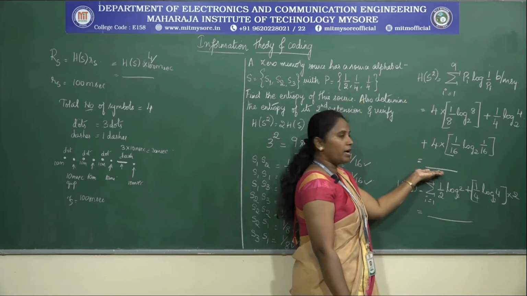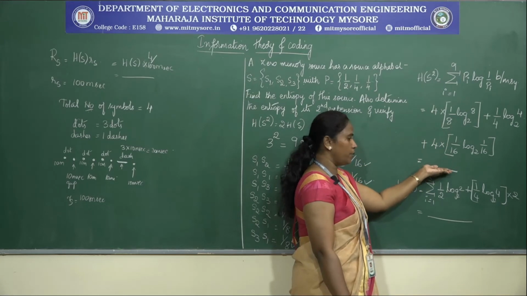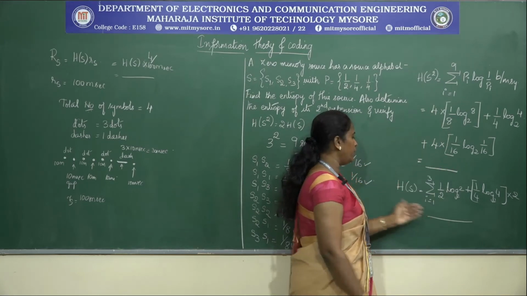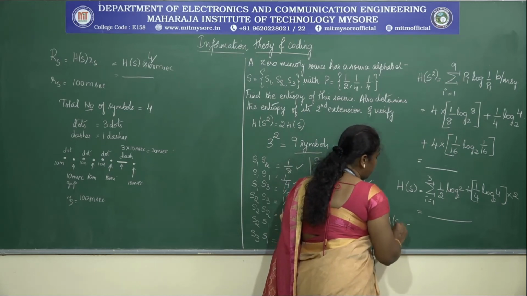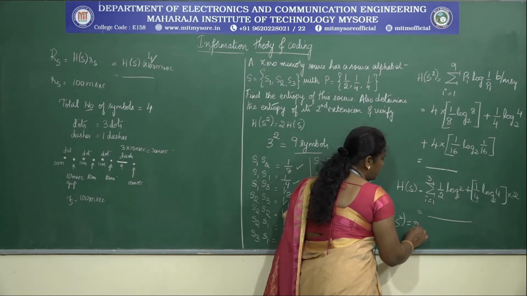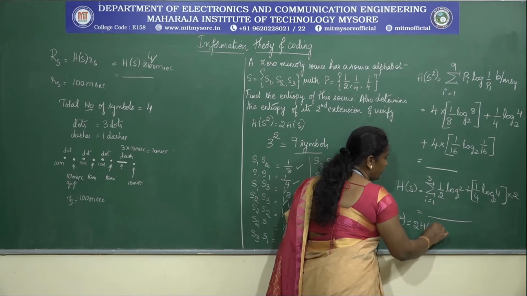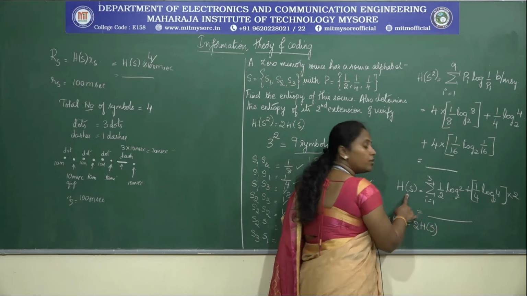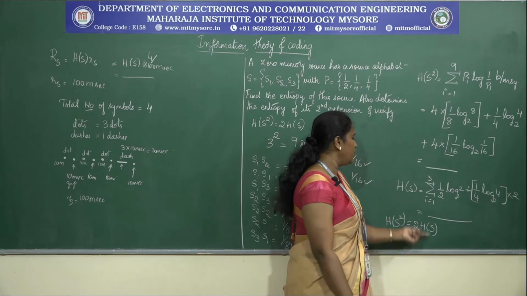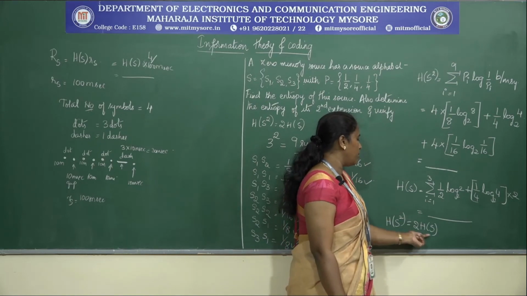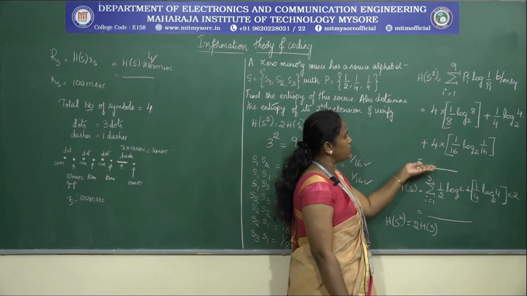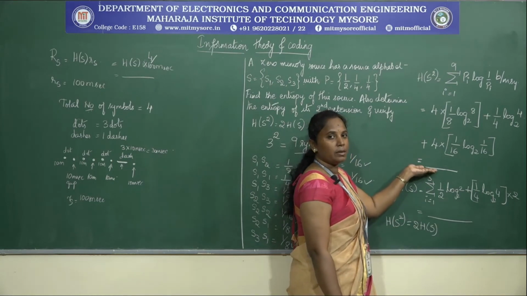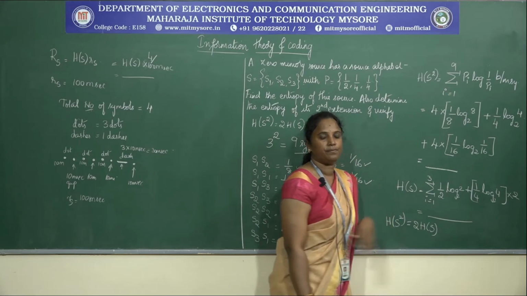Whatever value you got for H of S square, you can verify with the formula. That means the H of S square value should be equal to twice the H of S value. That is, H of S square is nothing but the second extension.